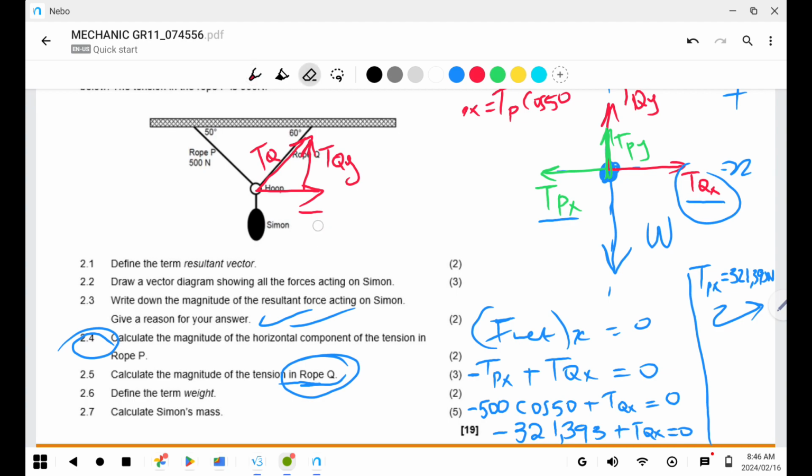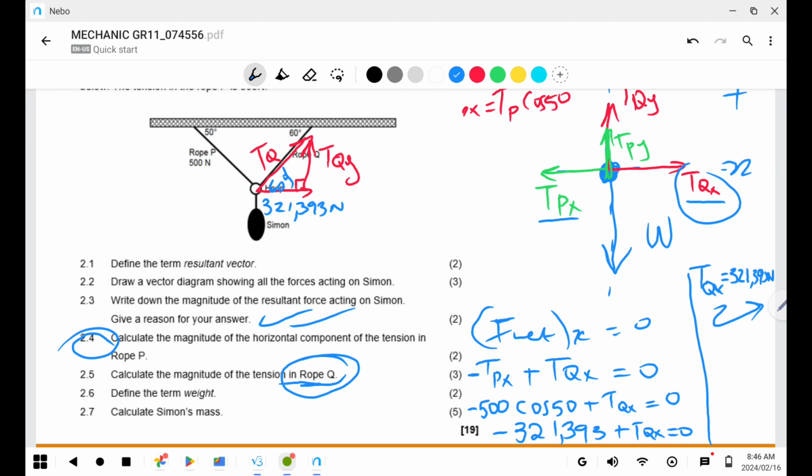Let me draw this a little bit shorter. In the components, we have said that they're perpendicular to each other. So the x component, I realized there's a mistake. It's supposed to be TQX. This one we have calculated. We said it was 321,393 Newton. And this angle we said was 60 degrees between the horizontal and TQ.